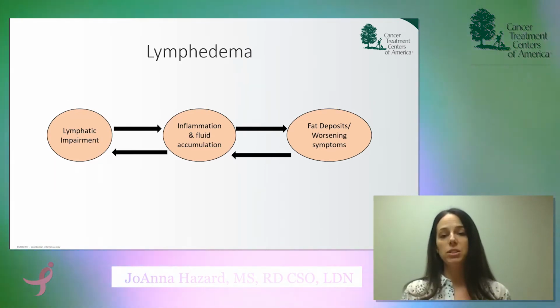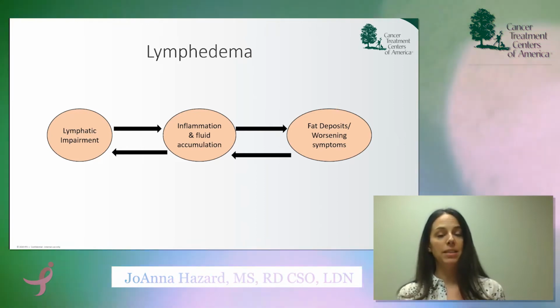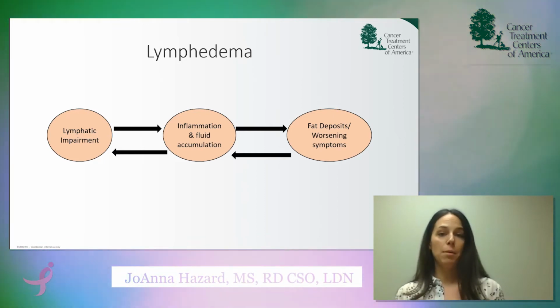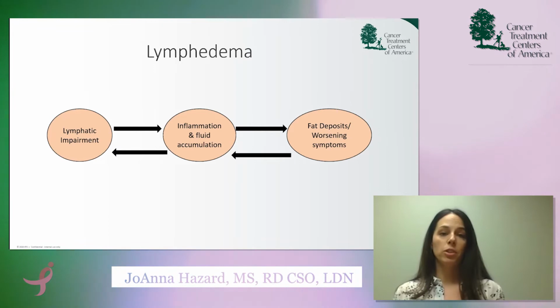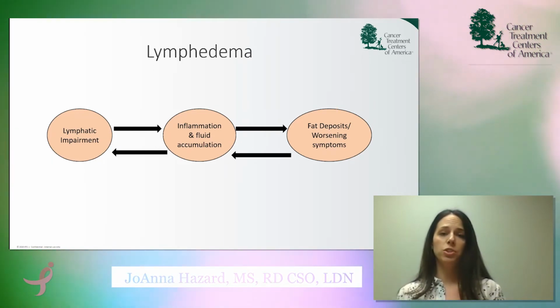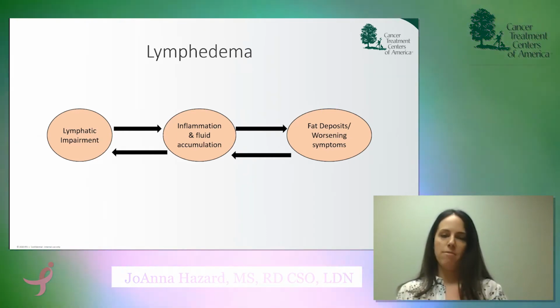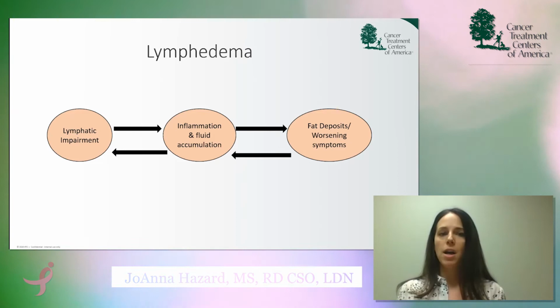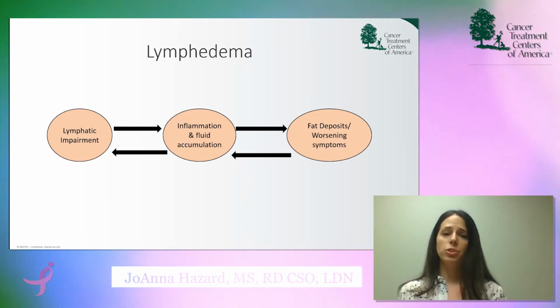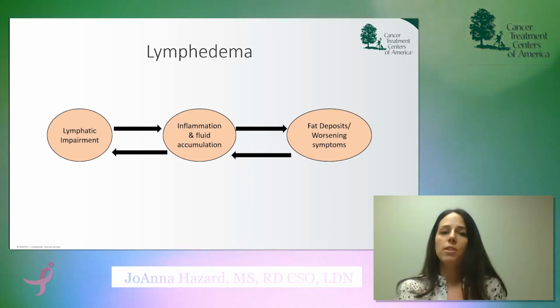So you'll see on my slide here, you'll have this lymphatic impairment that causes some inflammation and fluid accumulation in the body, which actually creates fat deposits in the arm or the affected limb. So if you've had lymphedema for a long time in the limb, over time, it can get worse, and you'll see the limb get bigger and bigger. And often it's thought that volume is just extra water. But actually you do get fat that deposits in that limb because of all the inflammation.